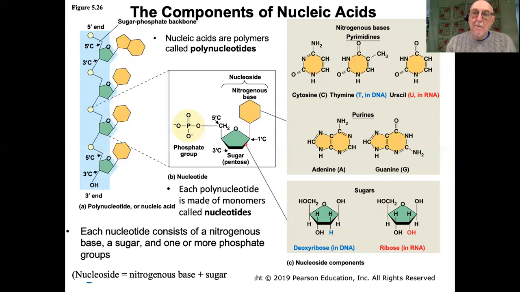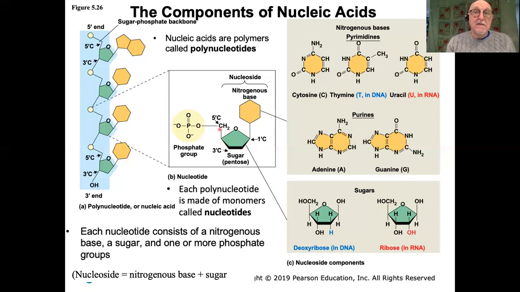We number these carbons. This one is the 1' carbon. So this is 1' carbon, 2' carbon, 3' carbon, 4' carbon, and then here's the 5' carbon. Those prime numbers must feature in your thinking all the time because they are significant.